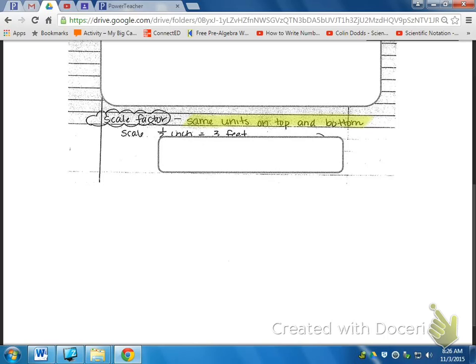Okay, so I'm going to show you what to do with this. This is 1/2 inch to 3 feet. So you kind of start with a ratio like we've done in this chapter. 1/2 inch to 3 feet. Okay, they've got to be the same units. Which one should I change? Inches to feet or feet to inches? Inches to feet. So how many feet do you think 1/2 inch is?